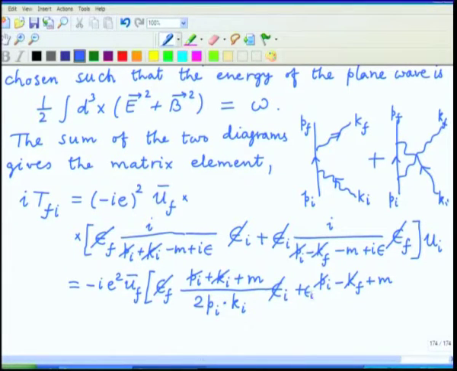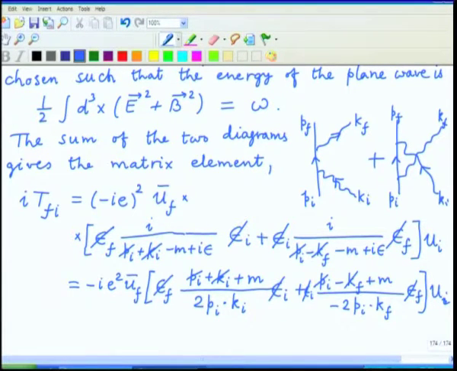There is epsilon i slash in the front, epsilon f slash at the back, and the denominator follows the same rule. p square cancels with m square, k f slash square is 0, and we only have the dot product surviving, which is 2 p i dot k f, and so one can now close the bracket and put the electron wave function outside it. So, this is a simplification. We just rationalize the propagator denominators.